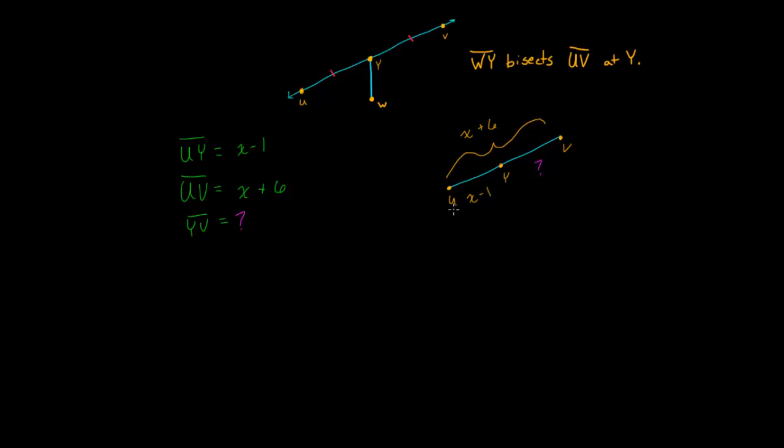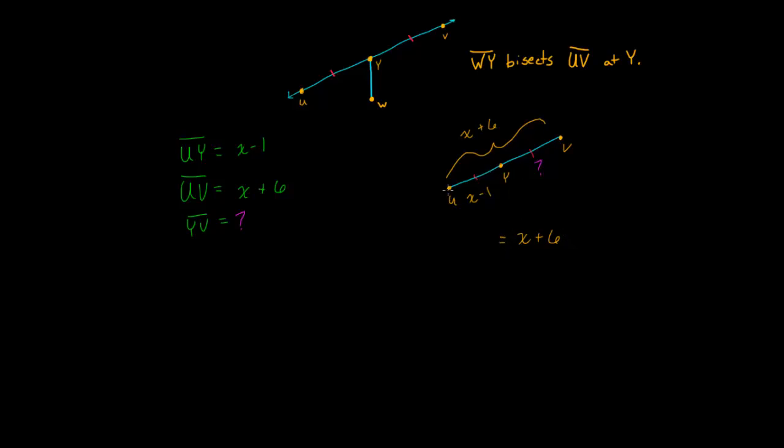Now, we do know that our UY is equal to our YV. So in that case, if we're going to plug this in, everything's going to equal x plus 6.